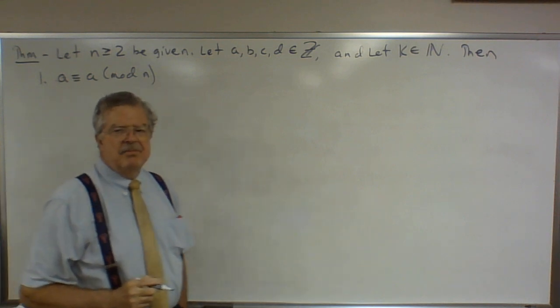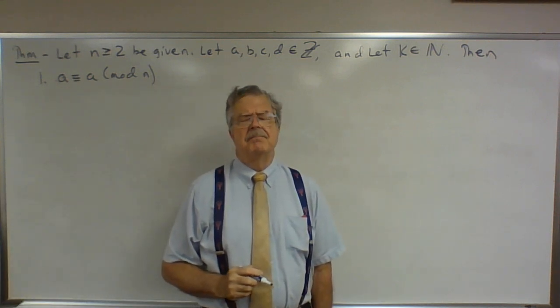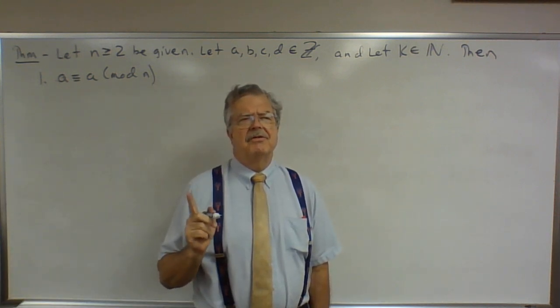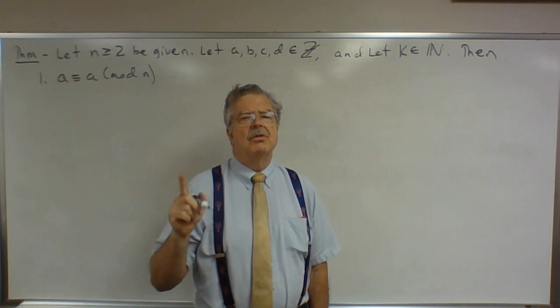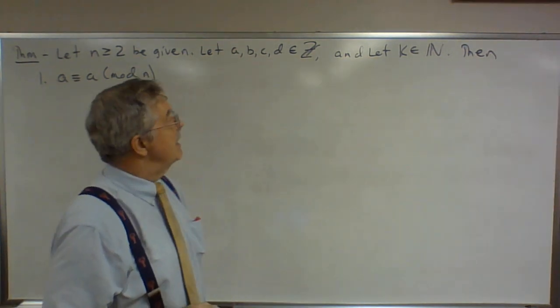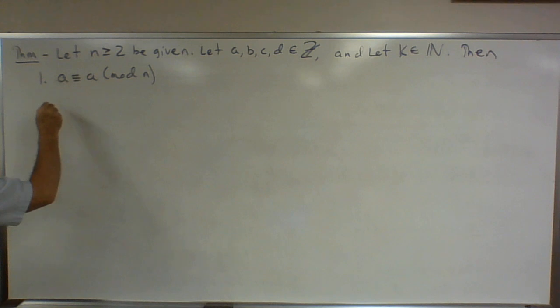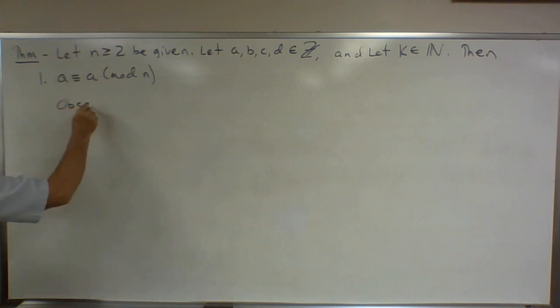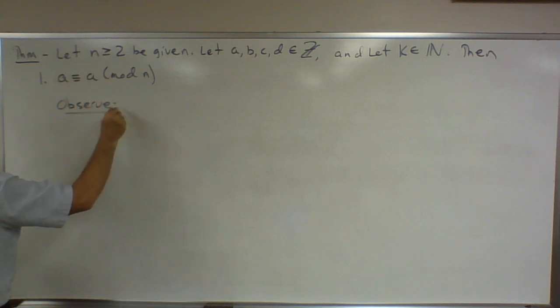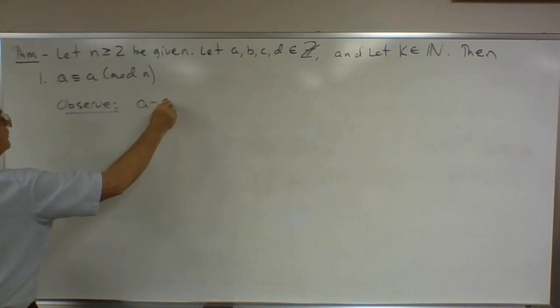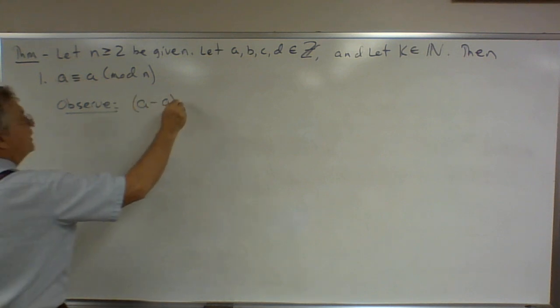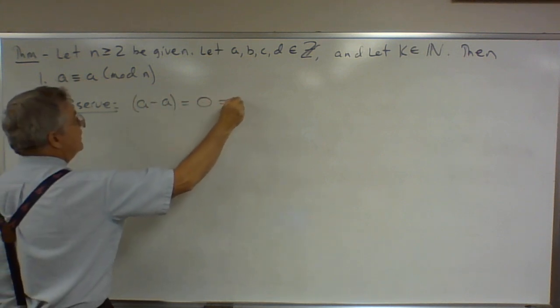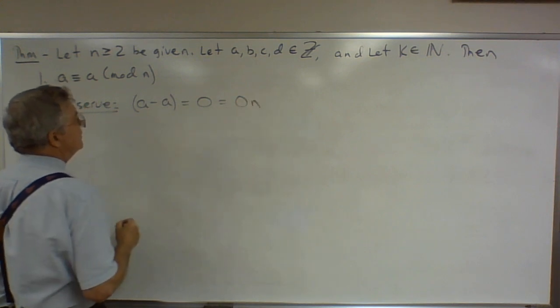When are two numbers congruent modulo n? When their difference is a whole number multiple of n. Does that happen here? A minus A is equal to 0, which is equal to 0 times n.